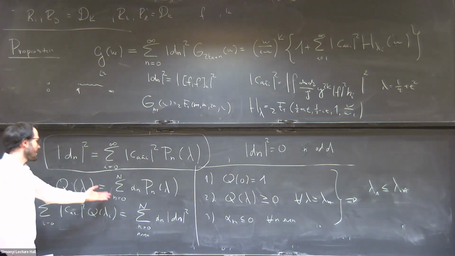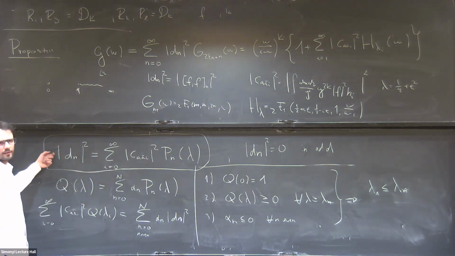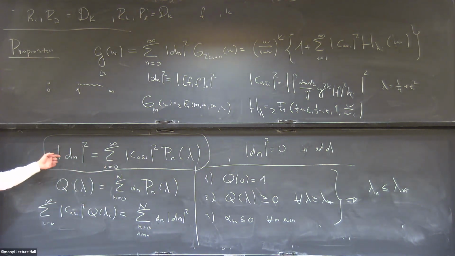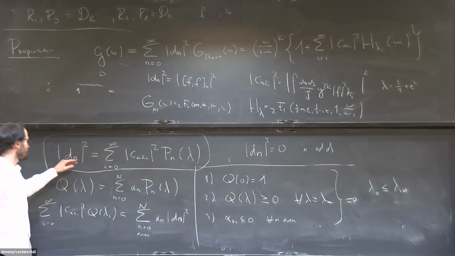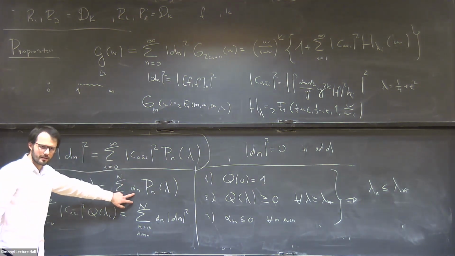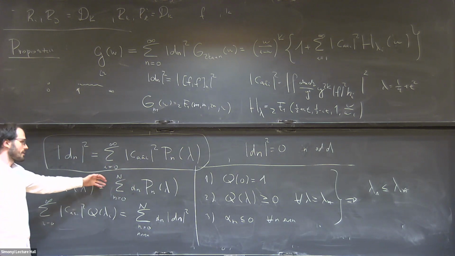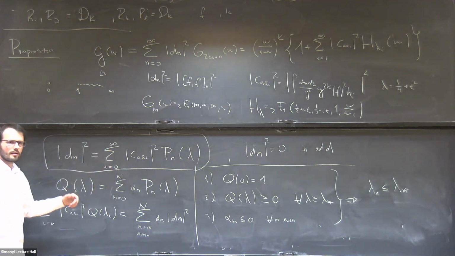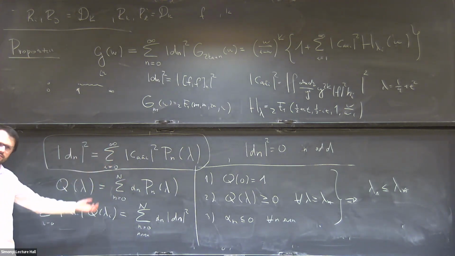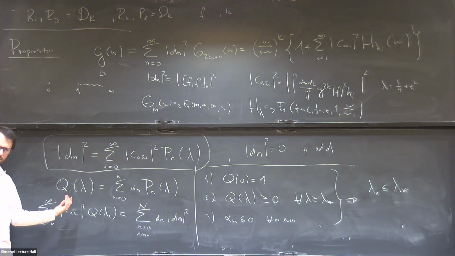The goal is to take some linear combination of these identities. Here the linear combination is specified by these alpha n's, and you need to choose them such that we get a contradiction unless there is a lambda below a certain value.